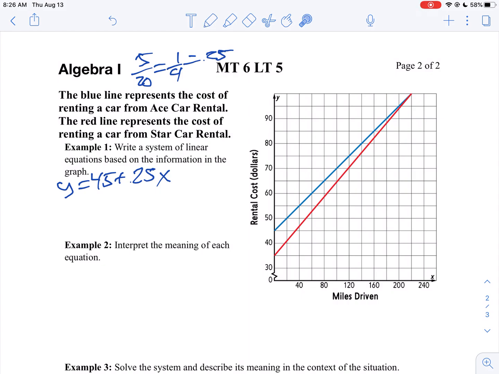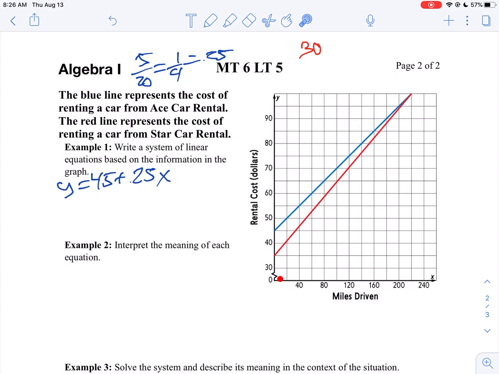So if we look at this red line, we start at 35. Now, it doesn't go through the corner there until we get right here. That's called the lattice point. So it looks like you're going from 35 to 65. So we're going up 30.